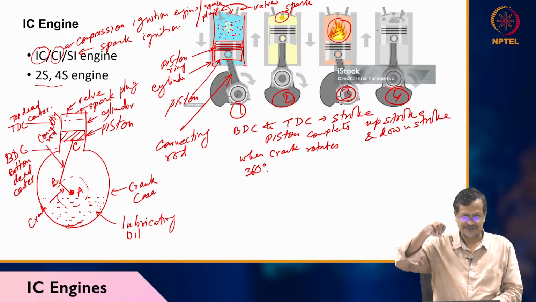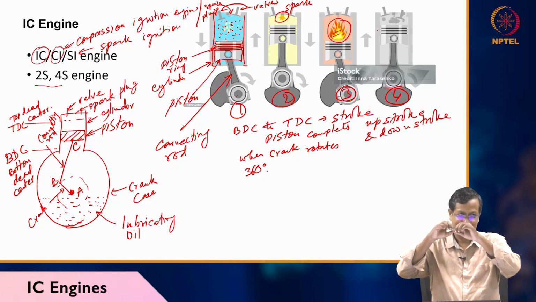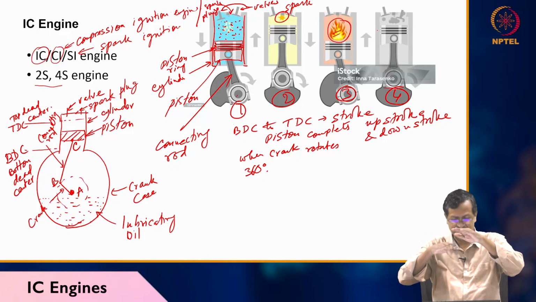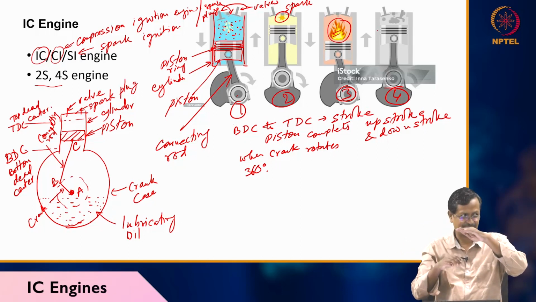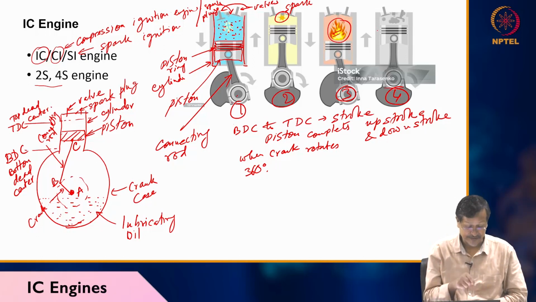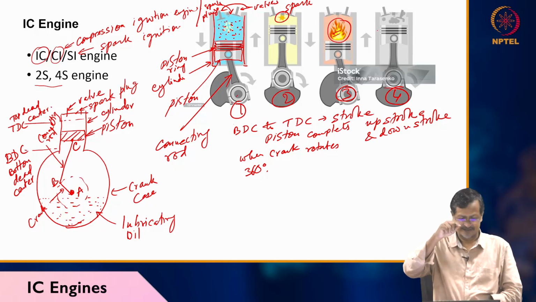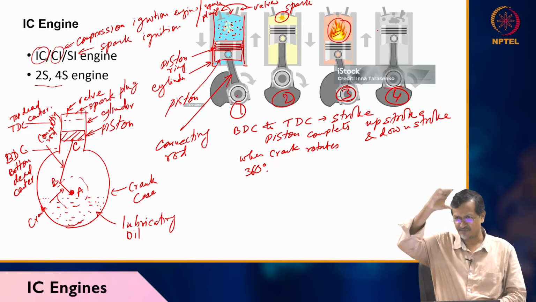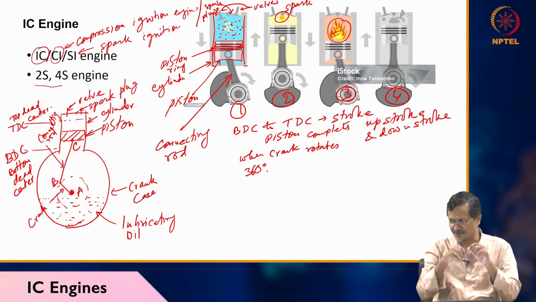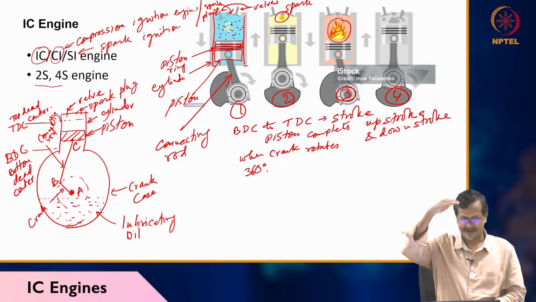Take fuel air mixture, compress it, give fire, it burns, creates very high pressure, the piston is pushed down, and the crank rotates, because my connecting rod is linked to the crank. When the connecting rod gets pressure from the piston, it rotates half, and again because of a certain mechanism you push it up, compress, burn, push it down.